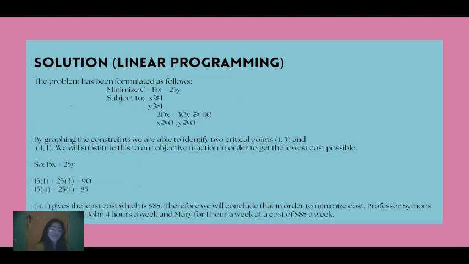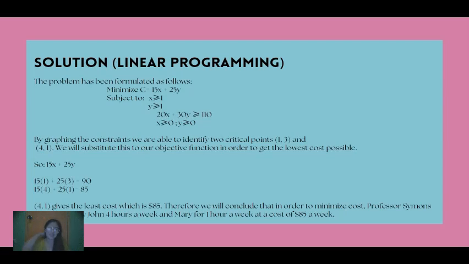The problem has been formulated as follows. Minimize C equals 15x plus 25y, subject to x is greater than or equal to 1, y is greater than or equal to 1, 20x plus 30y is greater than or equal to 110, and x is greater than or equal to 0, y is greater than or equal to 0.